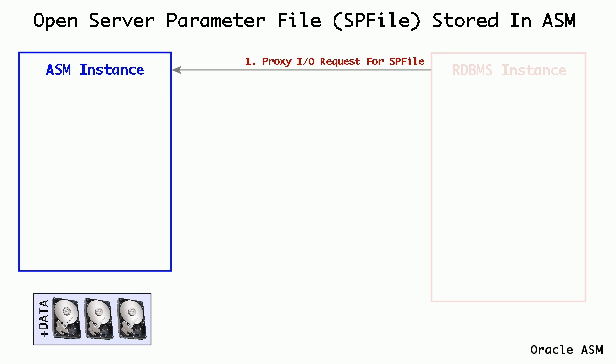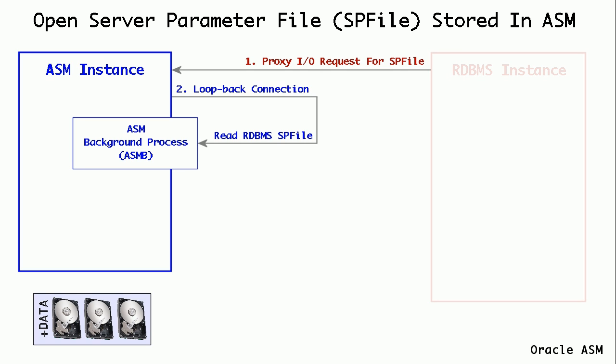Database sends a proxy server parameter file open request via ASM instance. ASM background process, ASMB, is started on ASM instance side. ASM instance establishes a loopback connection to itself.